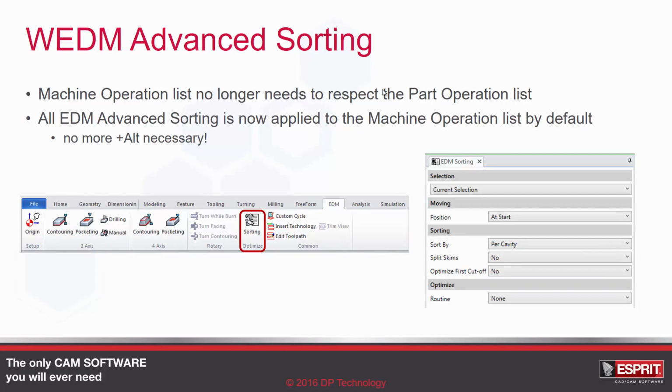And another huge change is the EDM advanced sorting is now applied directly to the machine operation list by default. So previously you would have to hold down the Alt key while triggering the advanced operation sorting to allow you to sort on the machine operation list.